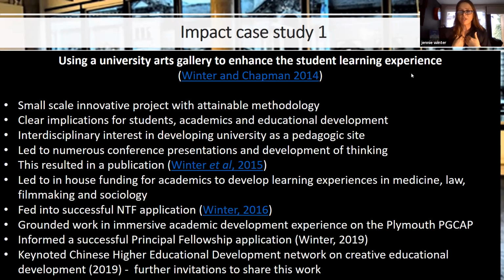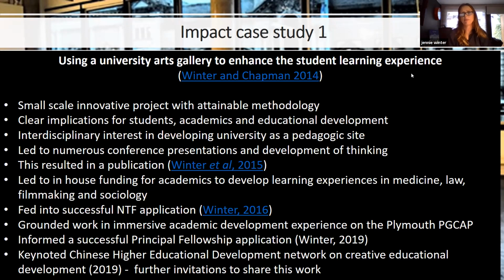So if I could do it with students, what could they do with their own students? And so our education development team worked with these academics to develop and create learning experiences in the gallery. By this time there's quite a body of work around these small beginnings.